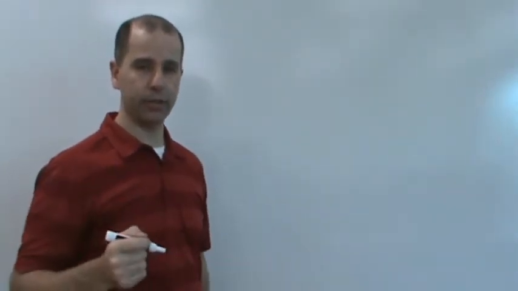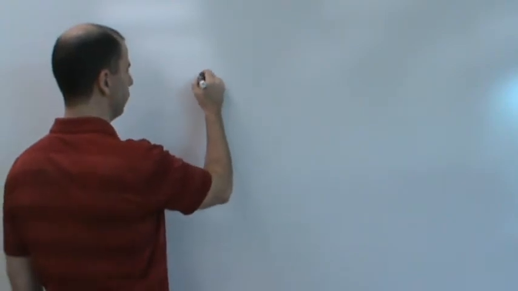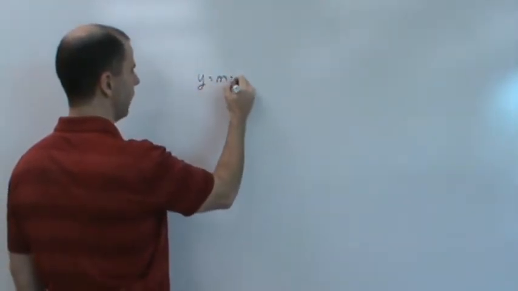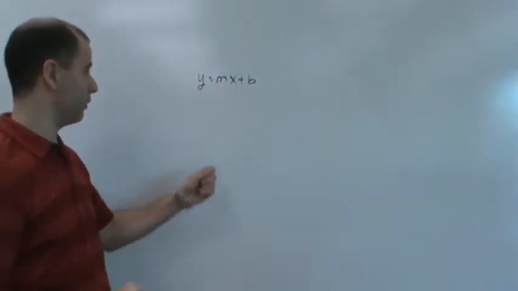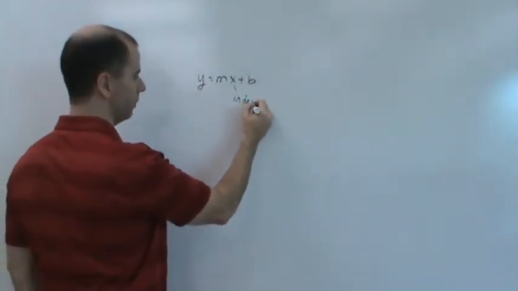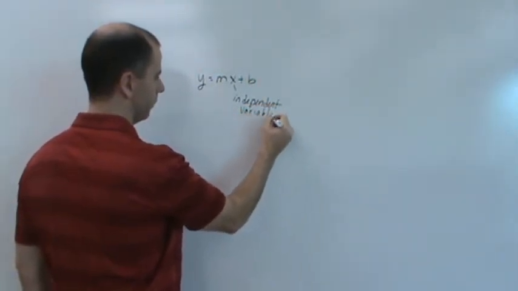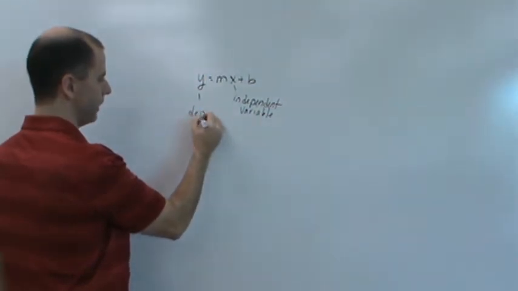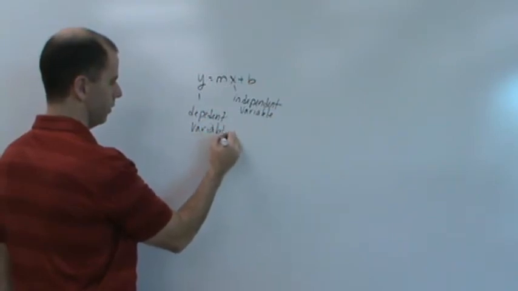So in this class, we're going to deal with linear regression, in that we're going to try to fit the best straight line through the data. We're going to use the formula for a line, y equals mx plus b. Any straight line can be described using this equation, where x is the independent variable and y is the dependent variable.